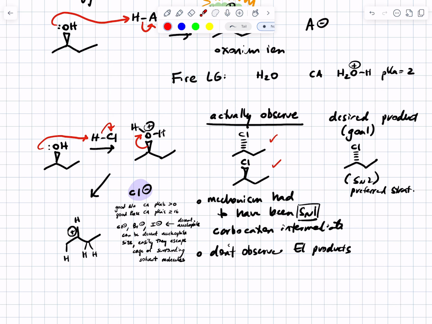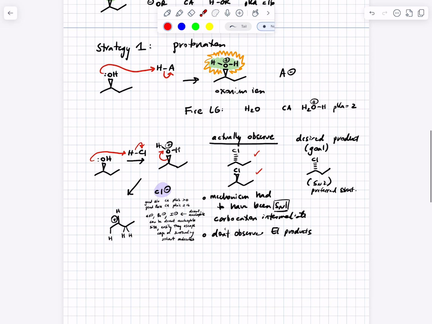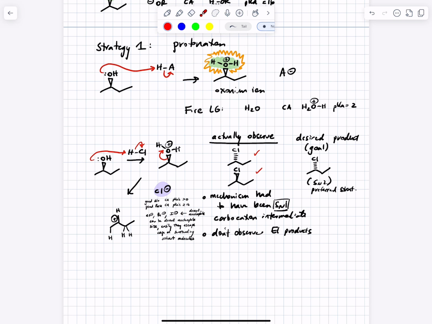So what you learn from this first strategy is, yes, we turned the cruddy leaving group into a good leaving group, but apparently either the leaving group was too good and it left too fast, or the nucleophile was not strong enough, and so we got a mixture of SN1 products anyway. As to why we didn't see any E1 products, that we're just going to have to memorize.